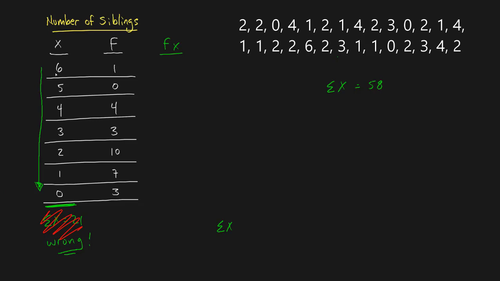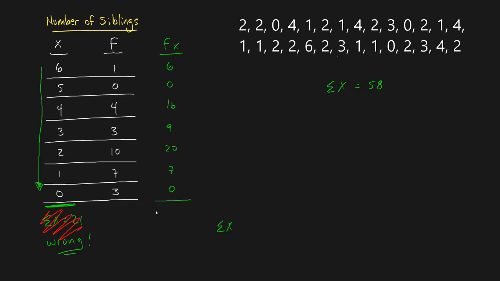I have one 6, so 1 times 6 tells me that I'm adding 6 into my total, whereas I have zero 5s, so 0 times 5 gives me 0 that will be contributed towards the total. 4 times 4, that's 16, so my 4s in total will contribute 16 to the total. So I think you get the idea here. 3 times 3, so f times x, that's 9, 10 times 2, that's 20, 7 times 1, that's 7, and 3 times 0, that's 0.